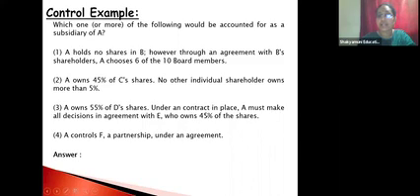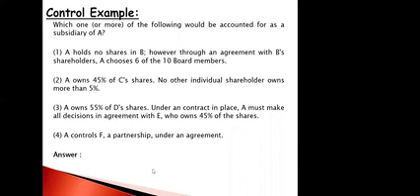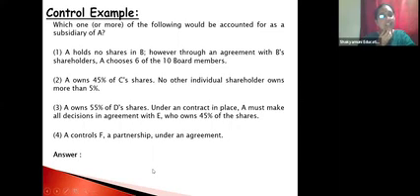Under a contract in place, A must make all decisions in agreement with E, who owns 45% of the shares. So here the question is whether D is a subsidiary of A or D is a subsidiary of E. That is the question here.